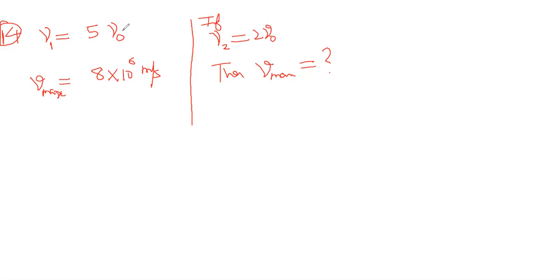How are these two related? We should first know that. Write the equations for the first situation and the second situation. The first equation is h nu 1 equals h nu naught plus half m Vmax square.